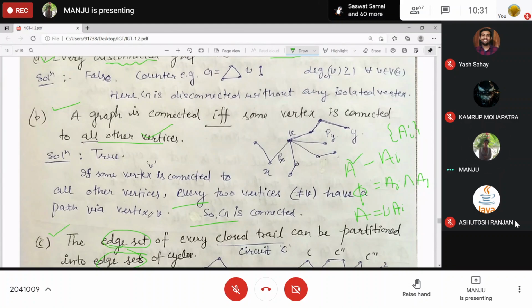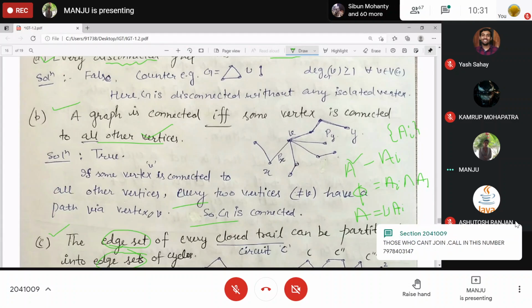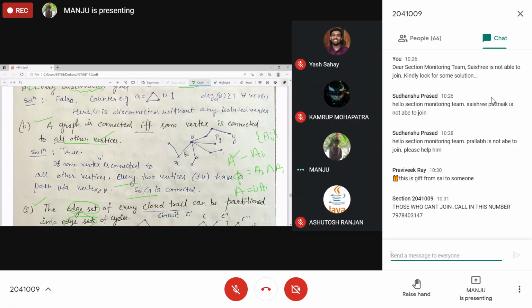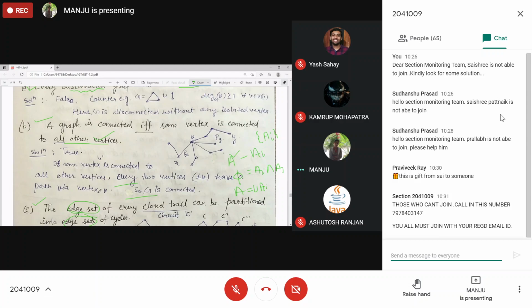Use the word decomposition. What do you understand by decomposition?